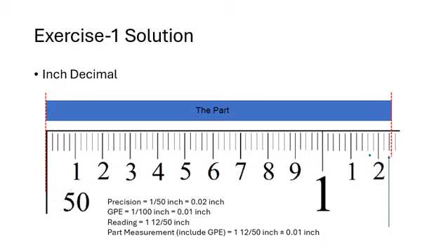From here to here is 10, and then 1, 2, so therefore 12, and you have 50 units from here all the way to here. So the largest graduated unit consists of the smallest 1 by 50 unit on it. So your reading will be 12 by 50 inch.